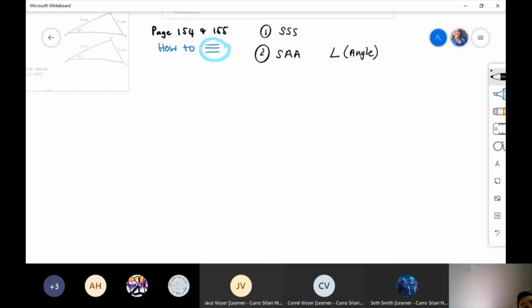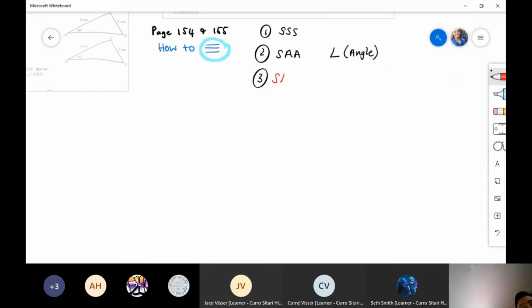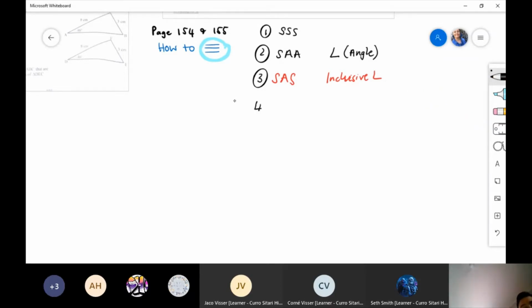And then we have the third scenario, the very important one. I'll write it in red because it has to be an angle included in between the two sides, inclusive angle. And then scenario 4, which is also very particular, we call it the RHS, as I discussed last week.